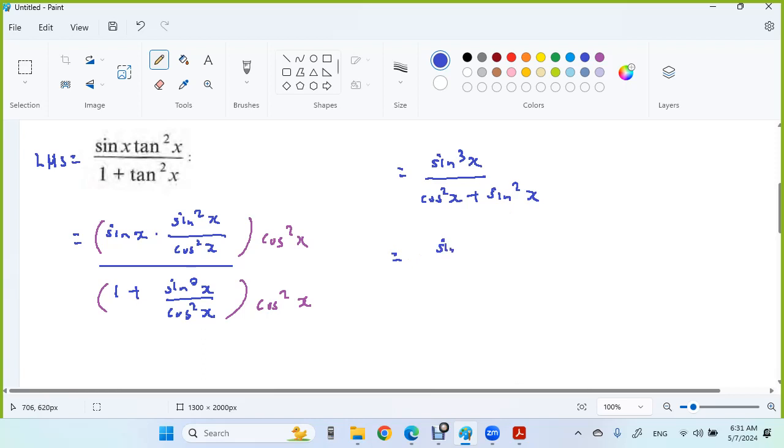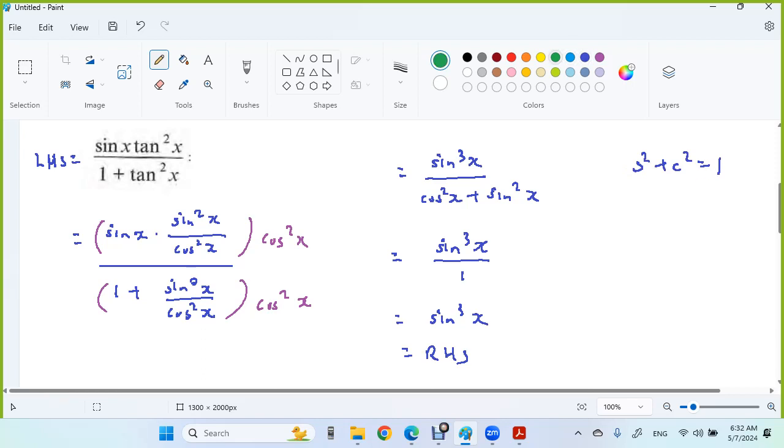Then it will be the sine cube x over 1, that is the sine cube x. This is the right hand side. So the sine square plus cos square equal to 1.